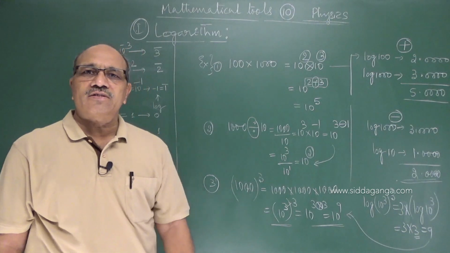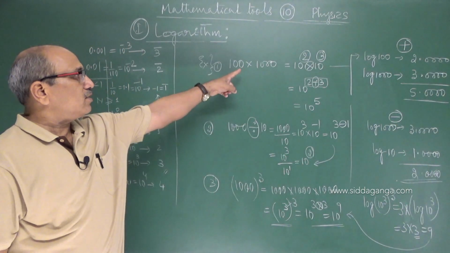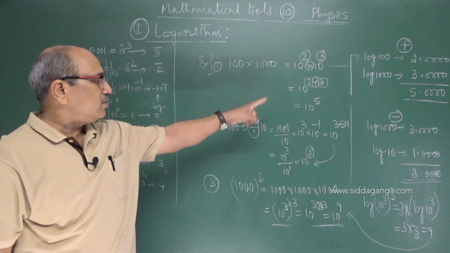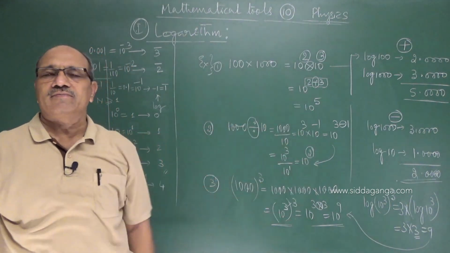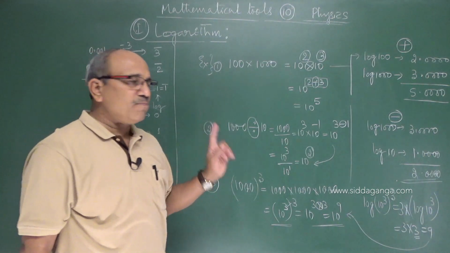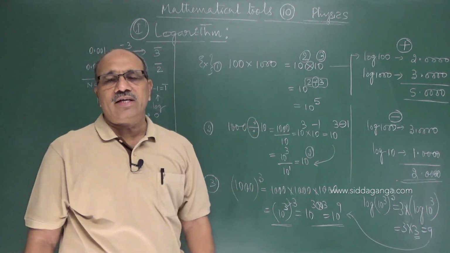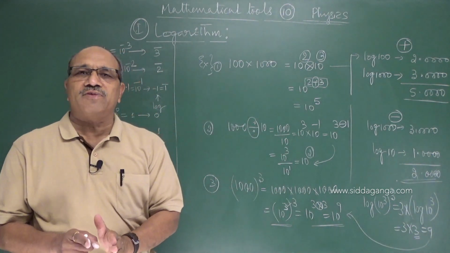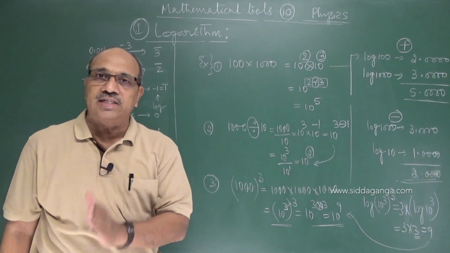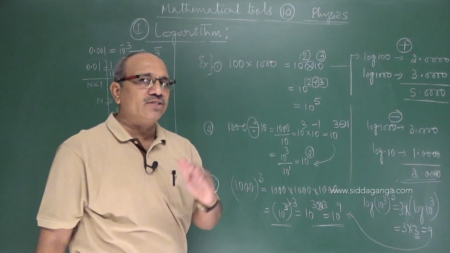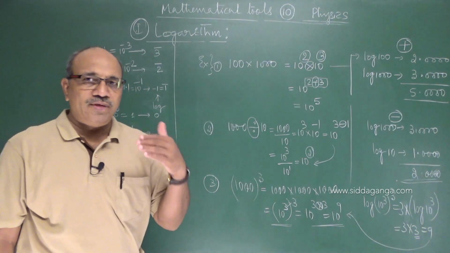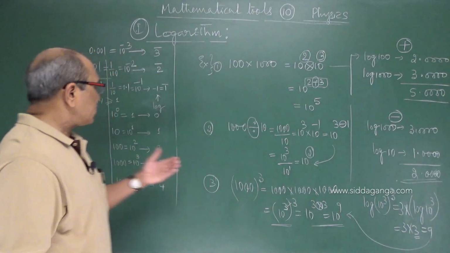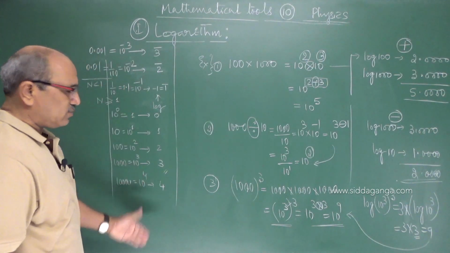Particularly, it converts the multiplication operator into addition, division into subtraction, and powers into product. But the logarithm we employ here for simplification is to the base 10, because we are in the decimal system. I showed you that. So in the base 10 system, the powers of 10 are called the logarithms.